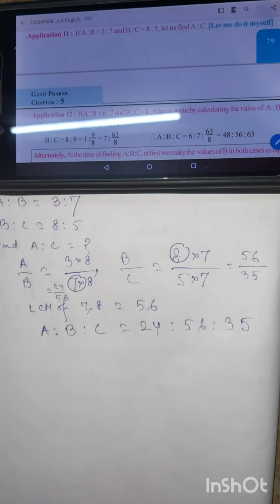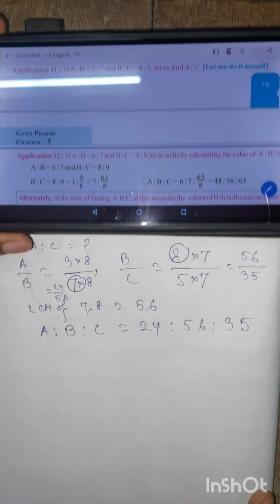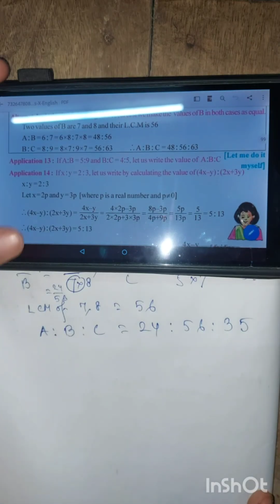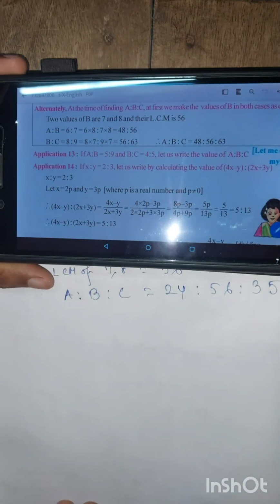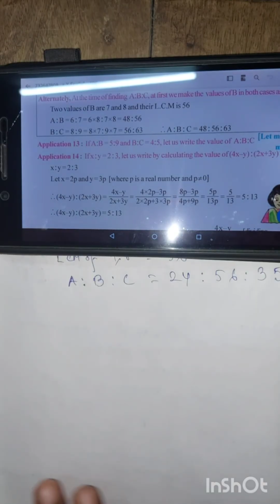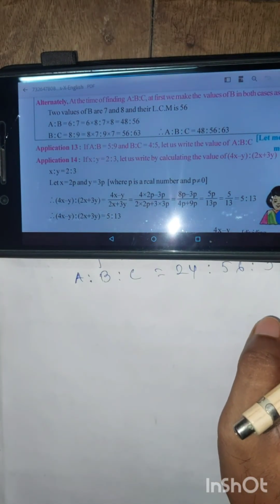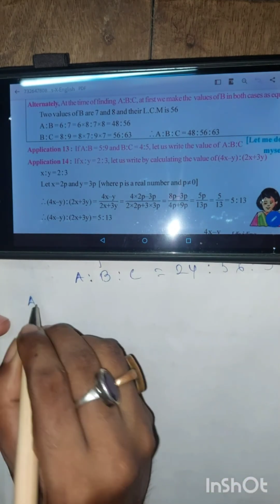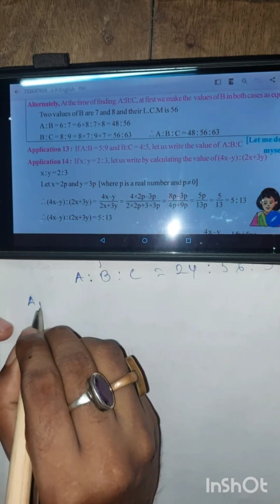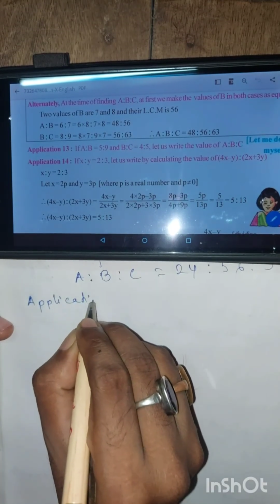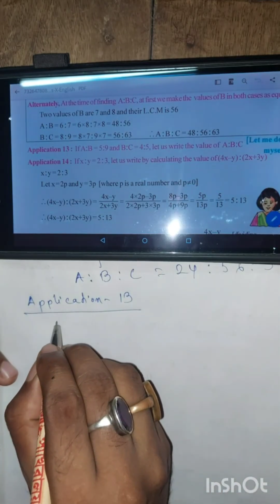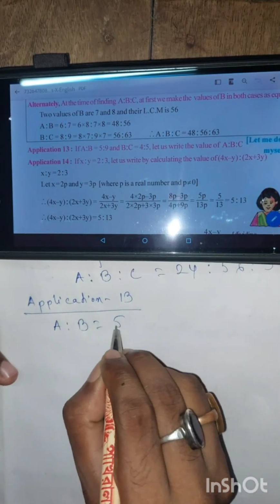Now let us proceed to our next application. Let us do application 13. A is to B is 5 is to 9.